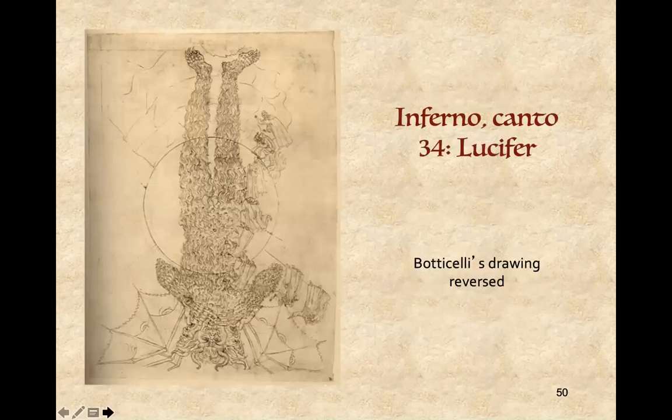So the only way to actually read this is to reverse the drawing of Botticelli and see how they're coming out of hell on the other side of Lucifer's body.